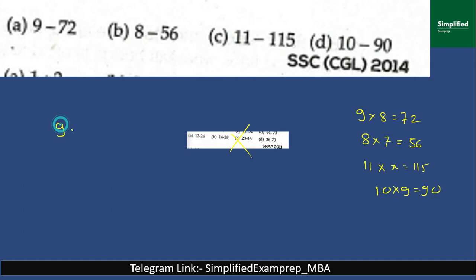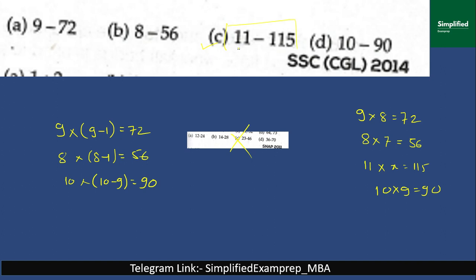And also you can make a relationship like 9 into 9 minus 1, which is 72. Here 8 into 8 minus 1 is 56, and the last option 10 into 10 minus 1, you will get 90. So what is the correct answer here?